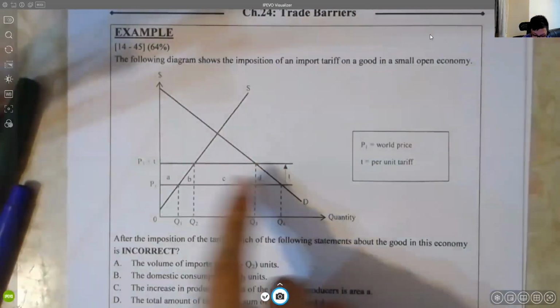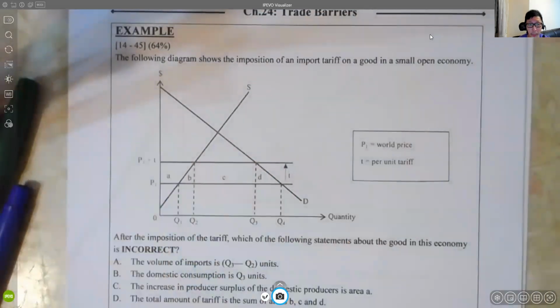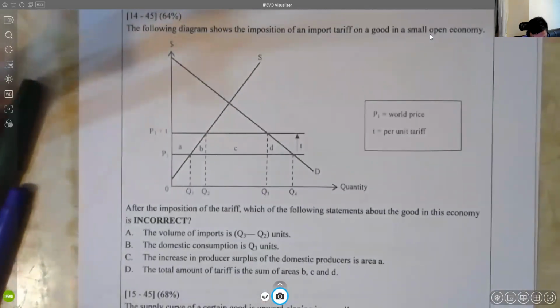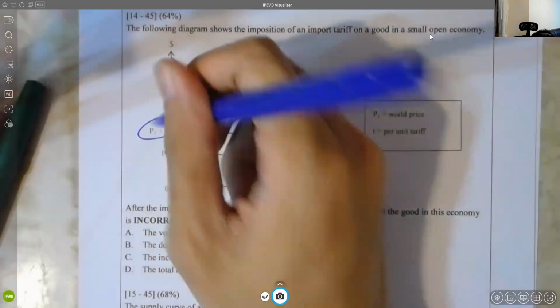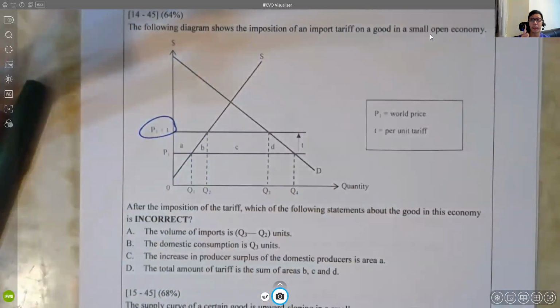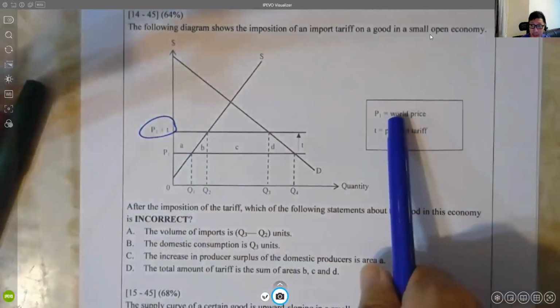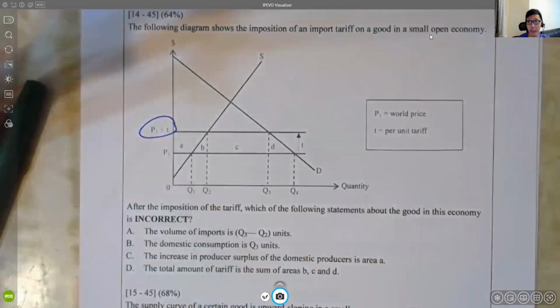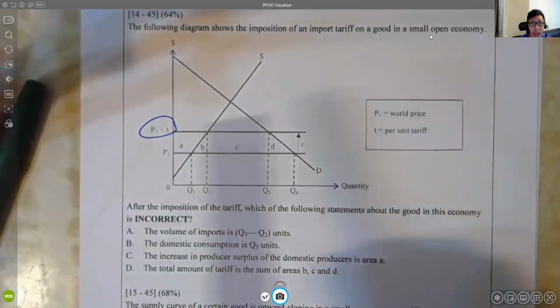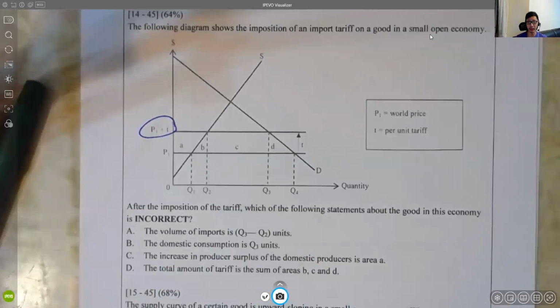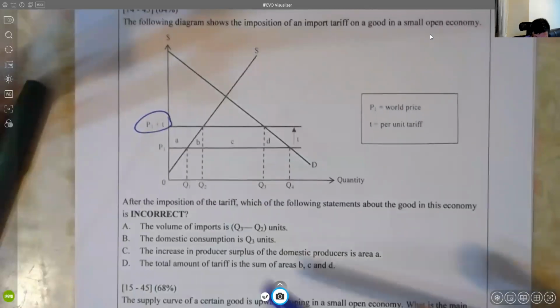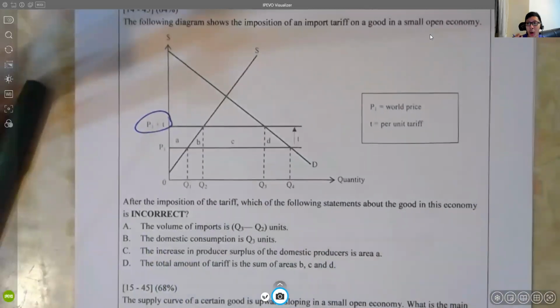It states there is a tariff, from P1 to P1 plus T. It's written carefully: it says P1 plus T, okay? World price. It doesn't say the new world price. It just says world price plus T.